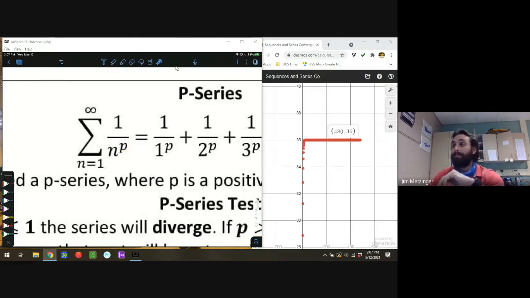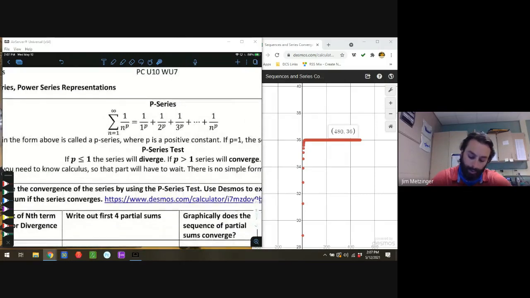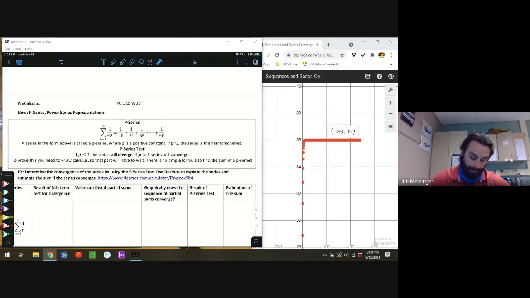So n to the p power, hence the p-series. A p-series will converge if and only if the value of p is greater than 1 when it's written in this form. If it's less than or equal to 1, the series diverges every time. And we're going to see that with a couple of examples.